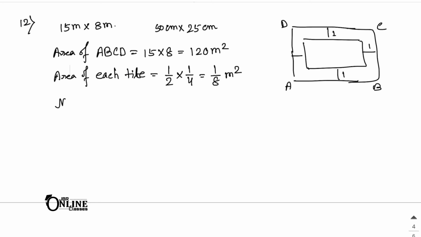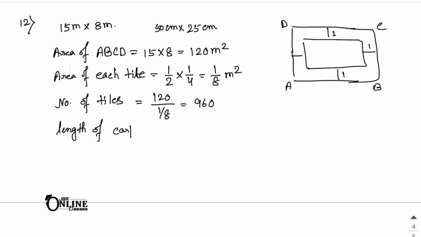So number of tiles equal to 120 divided by 1 by 8, that equal to 960. So 960 tiles.